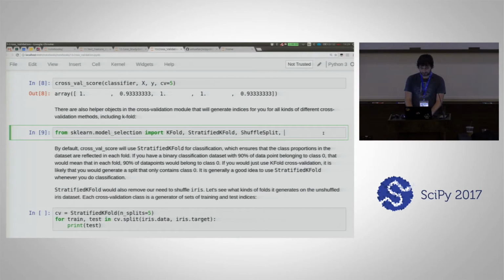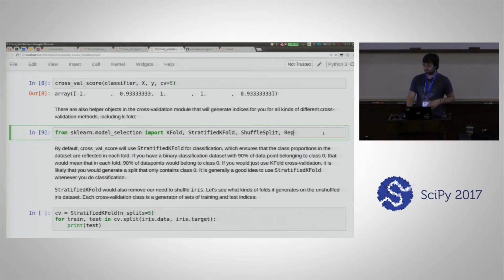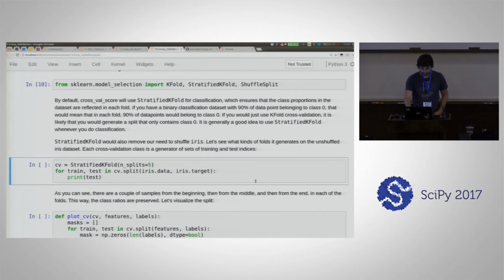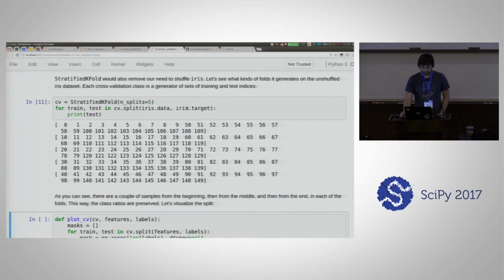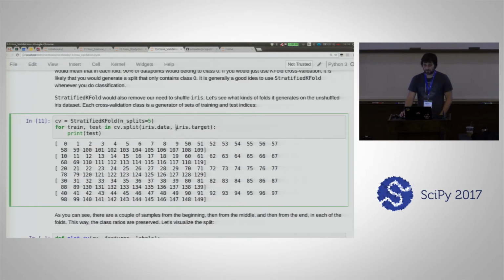We also have, not released yet, RepeatedKFold and RepeatedStratifiedKFold. These iterators have a split method, which takes the data and the targets and then generates some splits.